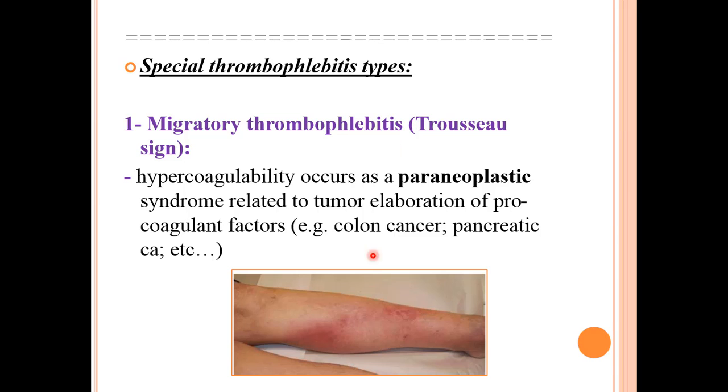We mean by that the patient will develop multiple areas of thrombophlebitis involving his extremities, involving the abdomen or internal organs, and these thrombophlebitis events will have a migratory pattern of occurrence. We mean by that there will be some time lapse between the attacks.